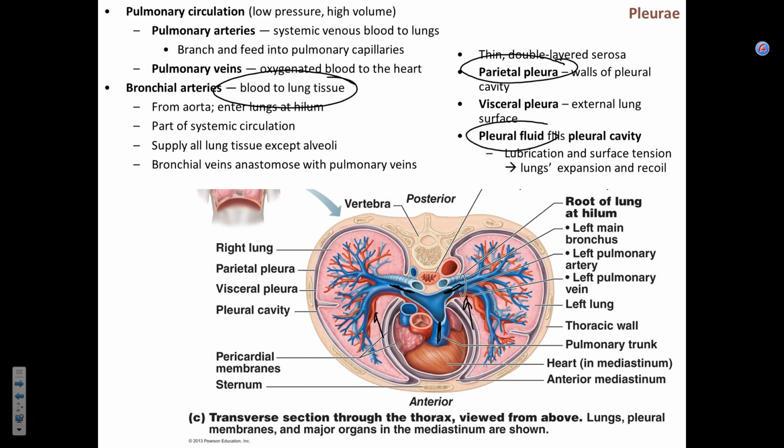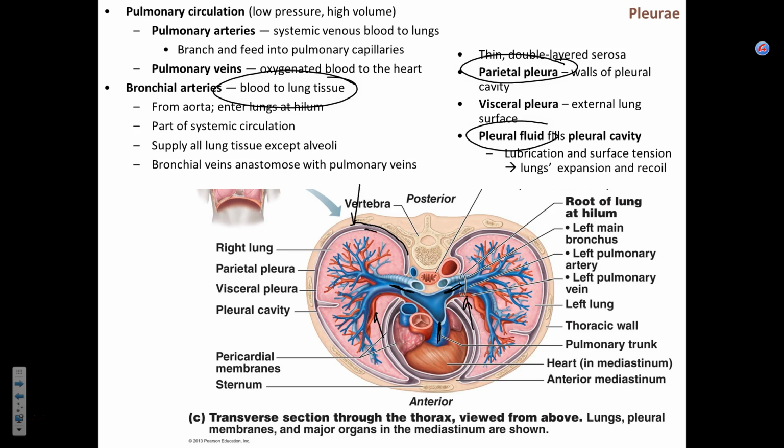So the pleura that covers the cavity, you can see it here actually, that's that white line. I'm gonna go over it. So that line is the parietal pleura. Parietal always refers to the membrane that covers the cavity. We're clear?